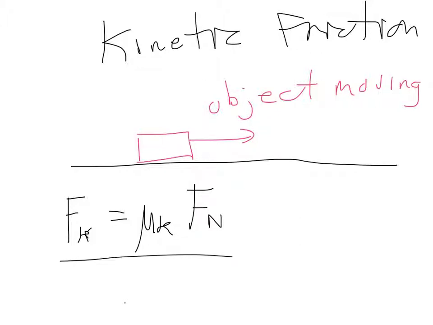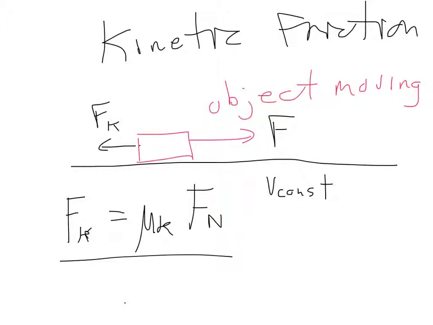Alright, so if you're pulling on or pushing on the object with a force F here, then you're going to have kinetic friction that's going to be resisting that force, and it manifests itself as another force. So if the object is moving at v constant, that's a special case for the kinetic friction.